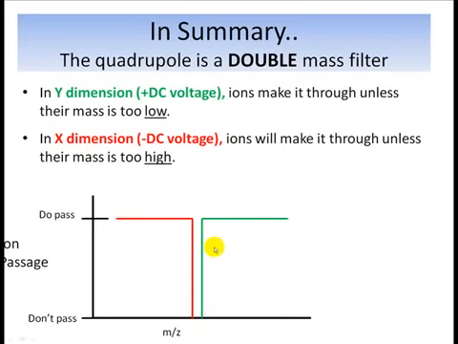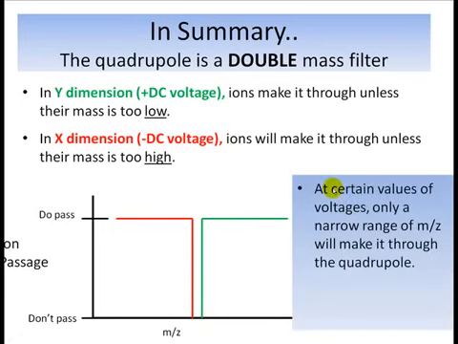So here's how the quadrupole is a double mass filter. At certain values of the DC and alternating RF voltages, only a narrow range of mass-charge ratios will make it through. This narrow range is like a little window. If you're below it, you will be cut off by this filter. If you're above this window, you'll be cut off by the other filter. And so only a little window makes it through.